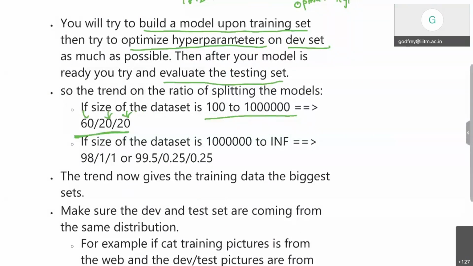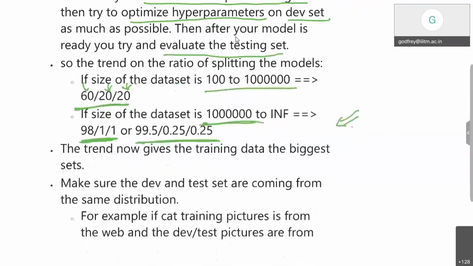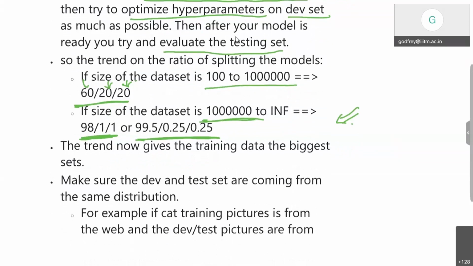If the size of the data set is more than this, then you can go for a different division. We may choose such a division with an increase in the total amount of data.